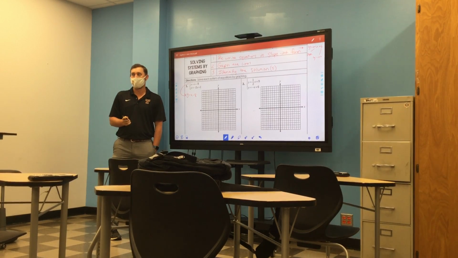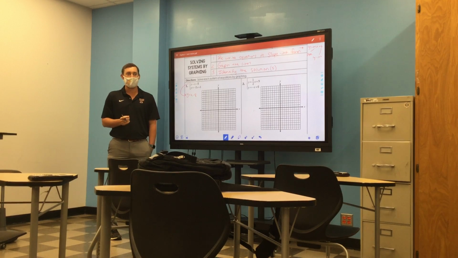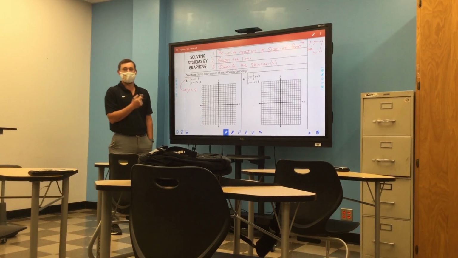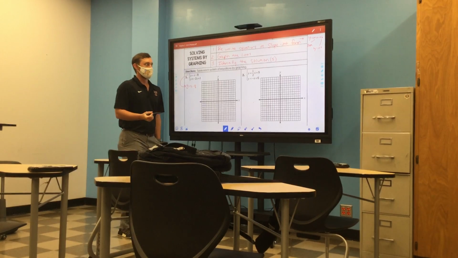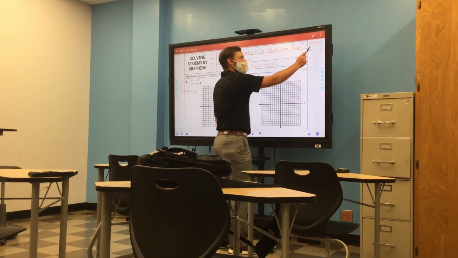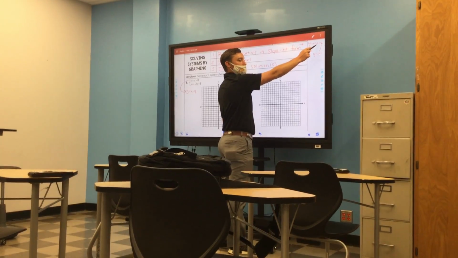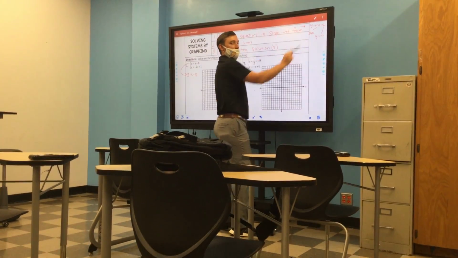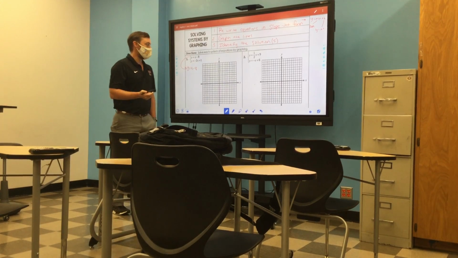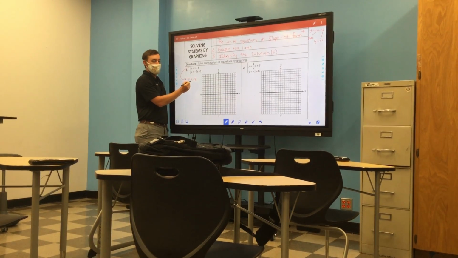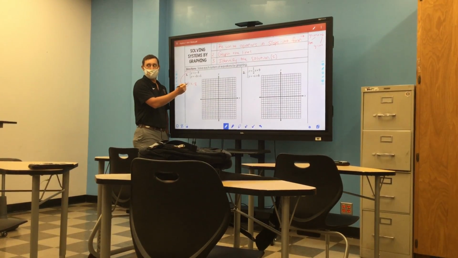Remember, the coefficient is a number in front of a variable. If you look at slope-intercept form, you've got mx, where that m is a number in front of a variable, so a coefficient in front of x. So for my slope, what is the coefficient in front of x? 1, right?